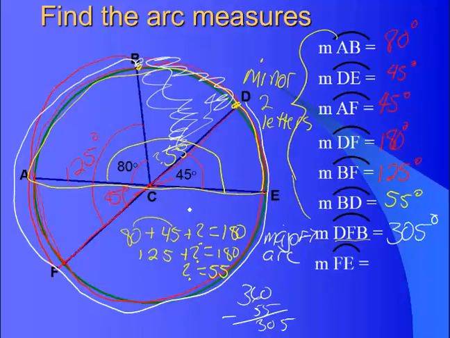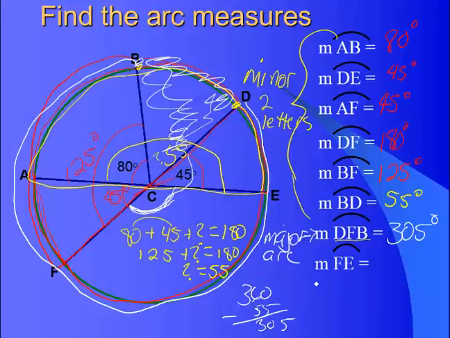And then the last one is this FE here. How would I find this arc? Well, again, I see a semicircle. If I combine the 45 and this angle FCE, that makes a semicircle, 180.